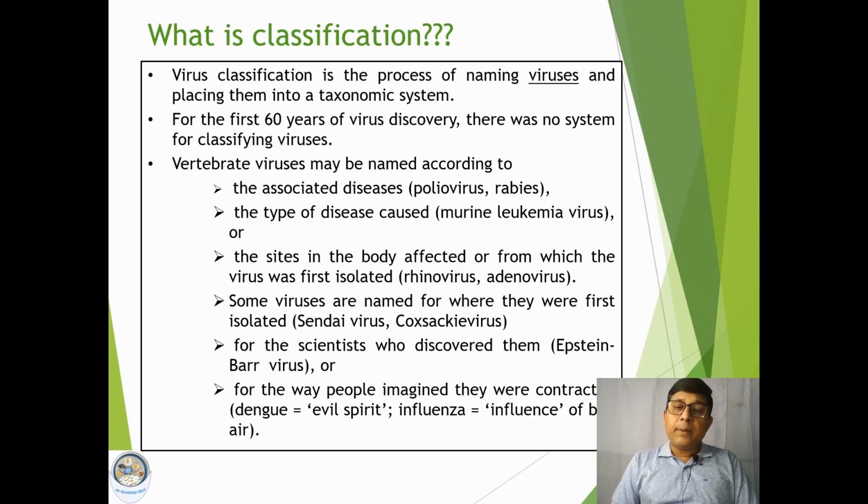Then sometimes viruses were named according to the way they were transmitted or contracted from person to person. So these were the common systems applied during the earlier periods of virus discovery for classification or naming.